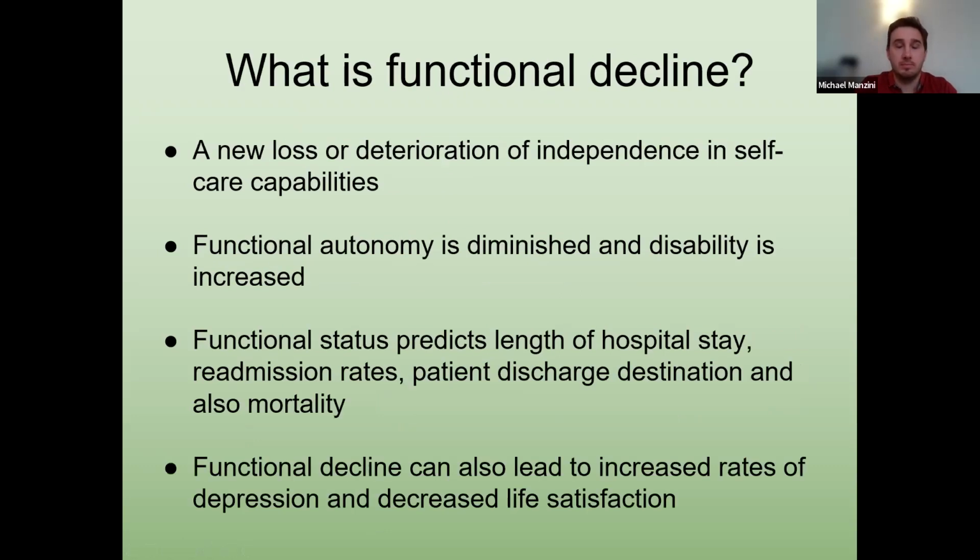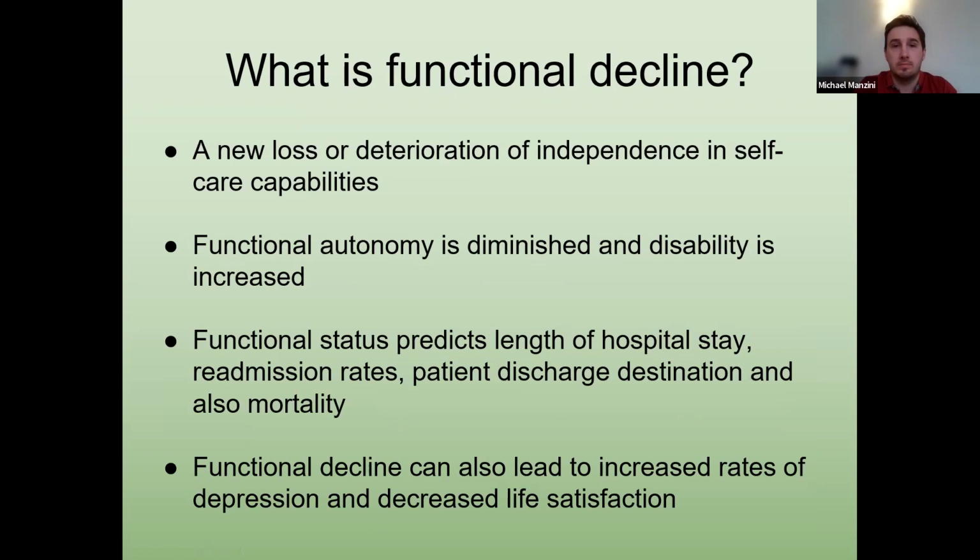So first we'll start by talking about what functional decline is and defining that a little bit more. Loss of functionality accompanies the trajectory of most life-limiting illness, and it's often associated with medical conditions and changes, increasing impairments, and it can be affected by contextual factors such as social support and environmental factors.